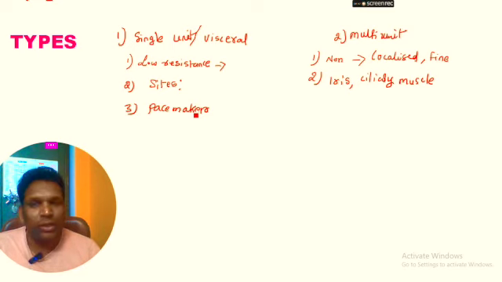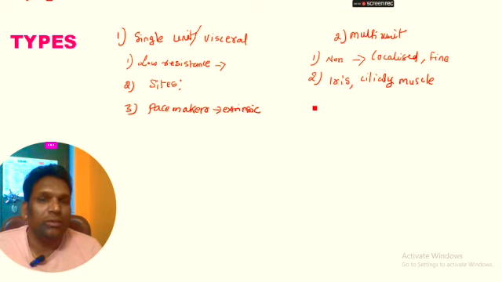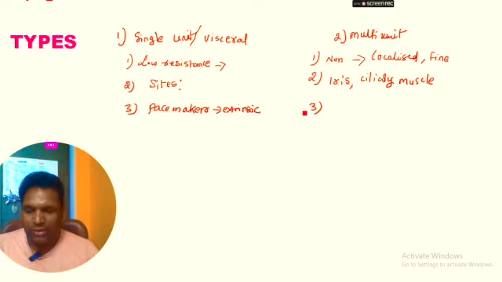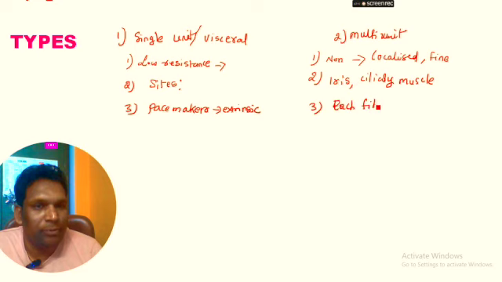Multi-unit fibers are richly innervated, and each muscle fiber has its own nerve supply, but in single unit a group of fibers will have one nerve supply, and the contractions are rhythmic contraction and relaxation.